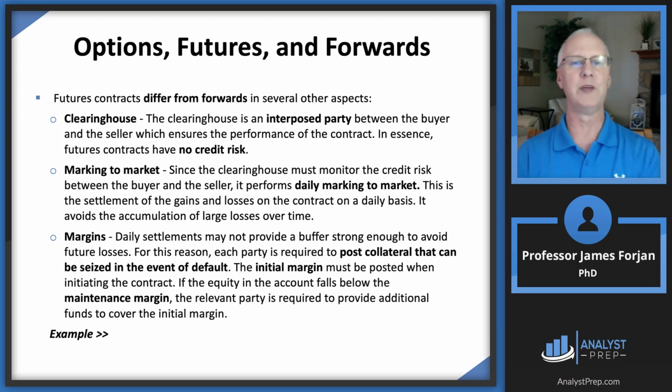Let me give you one movie example. Of course, the famous movie is Trading Places with Eddie Murphy and Dan Aykroyd, where they traded orange juice futures contracts. And remember, at the end, Eddie Murphy and Dan Aykroyd shorted the orange juice futures contracts. So when the price fell substantially at the end of the trading day, they made tons and tons of money, enough to buy an island and some big boat if you look at the end of the movie.